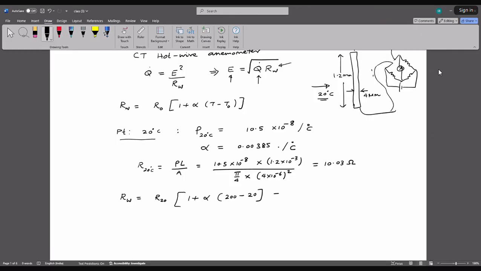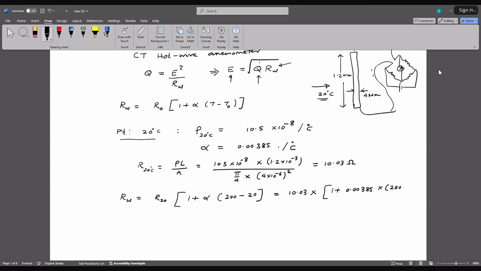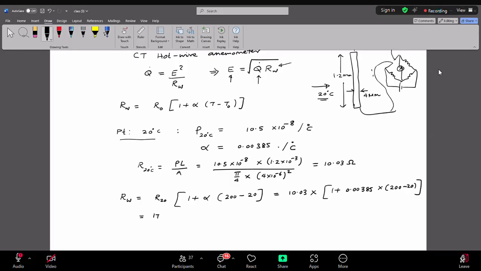So that is 10.03 into 1 plus 0.00385 into 200 minus 20. If we do the calculation, the resistance of the wire will come out to be 17.1 ohm. Okay, so we have found the resistance of the wire. One part is done. Now we need to calculate the heat dissipated by this cylindrical wire.